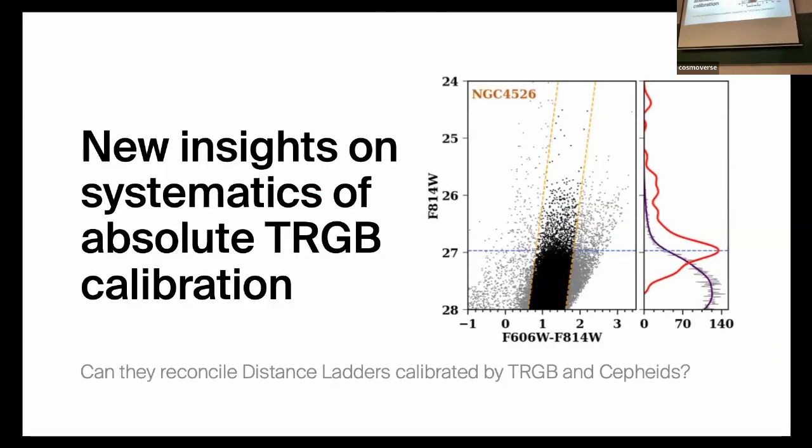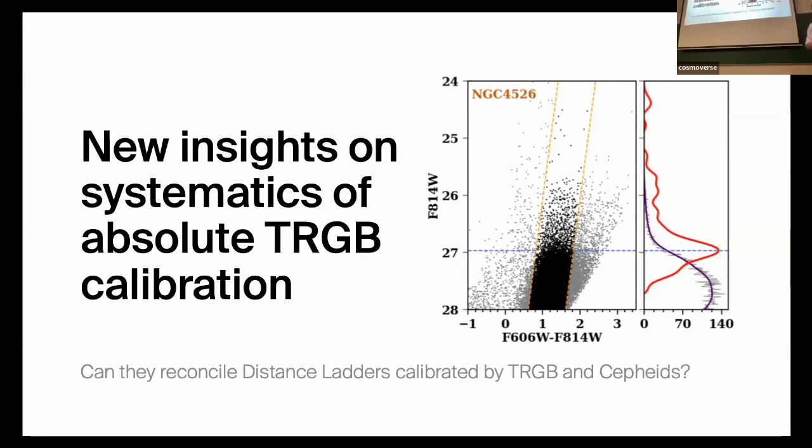So more recently, I've also been looking at some of the systematics involving the TRGB measurement, and in particular, the absolute calibration. Now remember, what we're looking at is this feature here, this blue line, which is measured by calculating the derivative. This is the red curve right here, the derivative of the luminosity function. So the luminosity function is just the marginalization over magnitude that you see here.